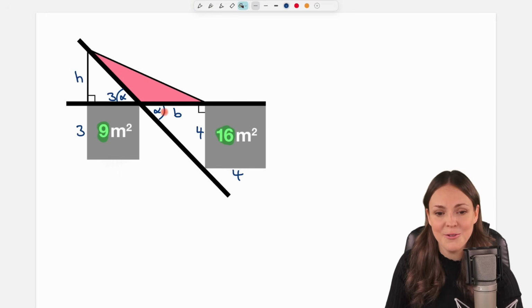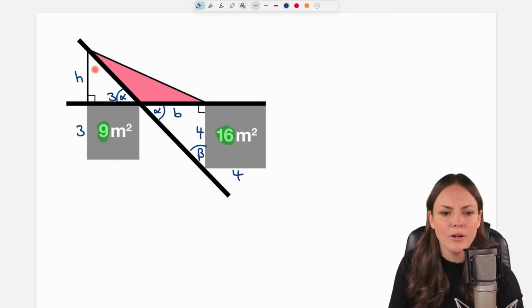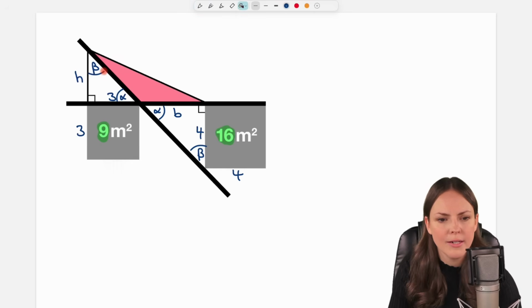Which means now that we have alpha and a right angle here and alpha and a right angle here, so two angles are the same, which also tells us that the third angle is the same in both triangles. So if we have beta here, we also have beta here.